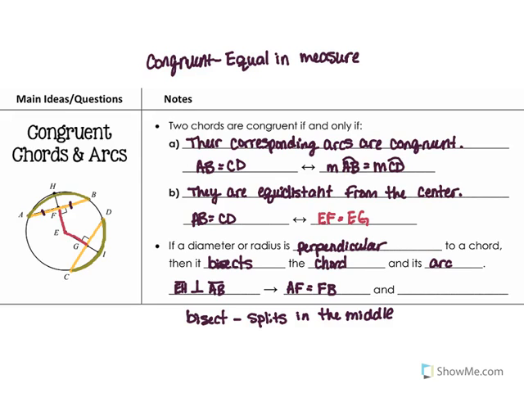And the other piece to this is that the measure of arc AH is equal to the measure of arc HB. So these are equal to each other as well, if and only if that is a perpendicular bisector.